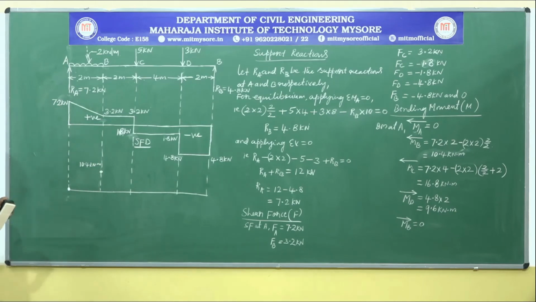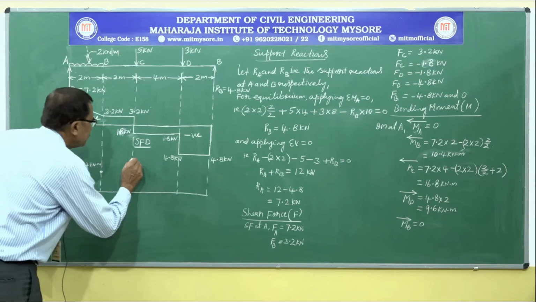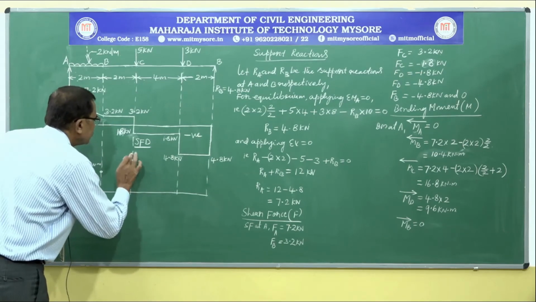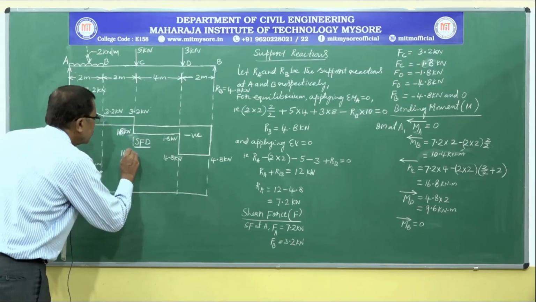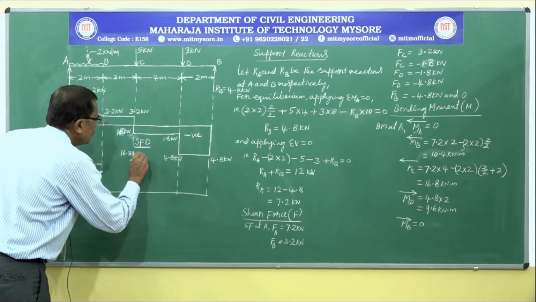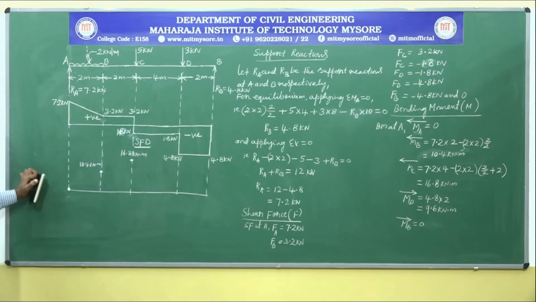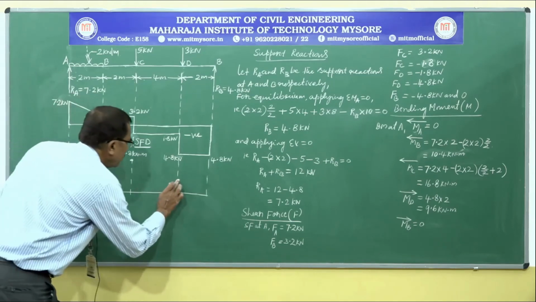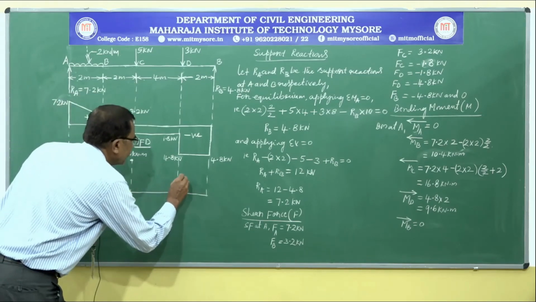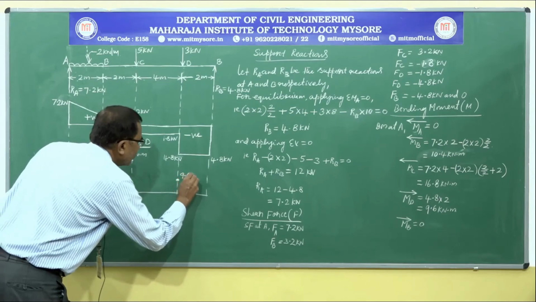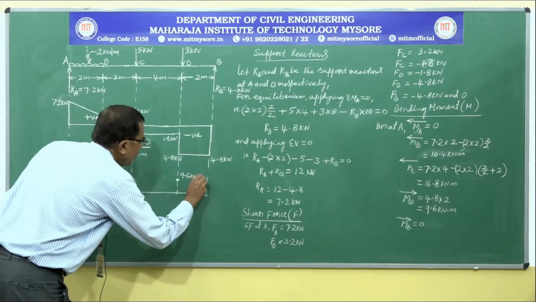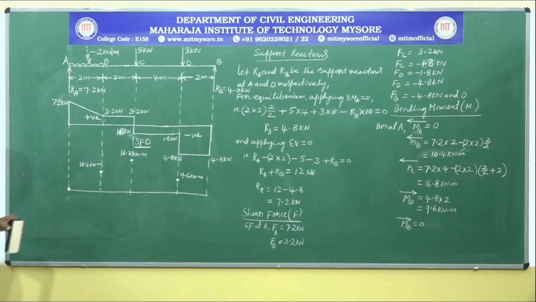meter. Then bending moment at point C is 16.8 kilonewton meter. Next, bending moment at point D is 9.6 kilonewton meter. Lastly, bending moment at point B is 0.